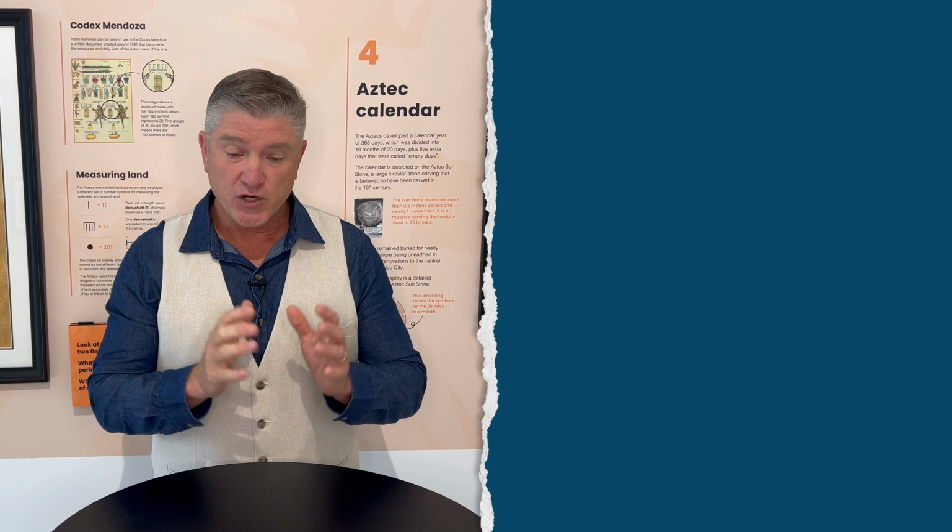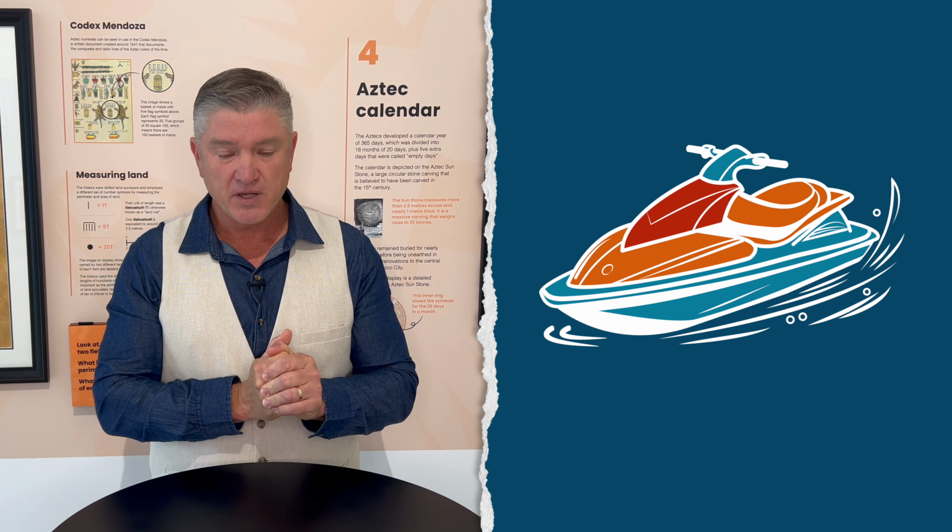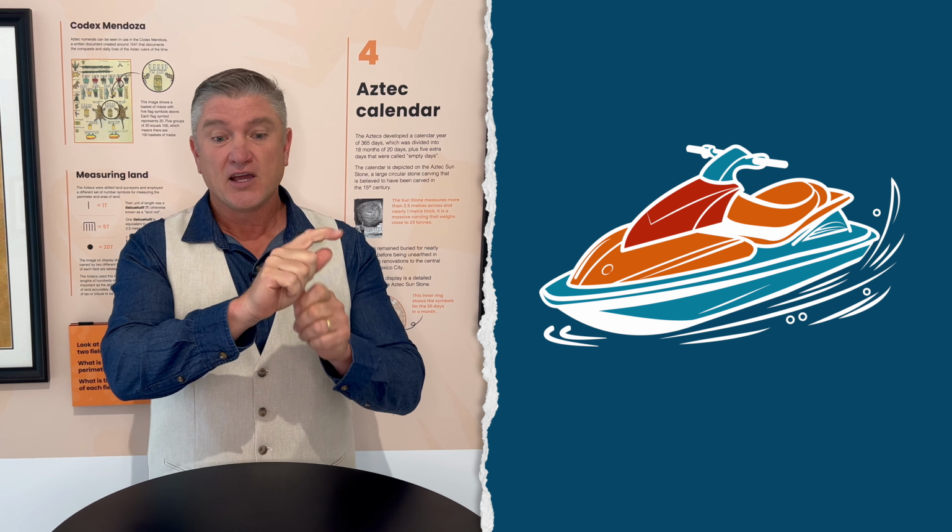Now, we know from the science of learning, we learn new ideas by connecting the new idea to something we already know. Take, for example, the skill of riding a jet ski. When you look at a jet ski for the first time, you could be forgiven for thinking it has a handlebar, it has grips, much like a bicycle that I've ridden before.